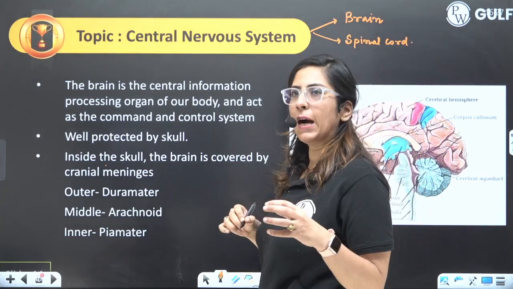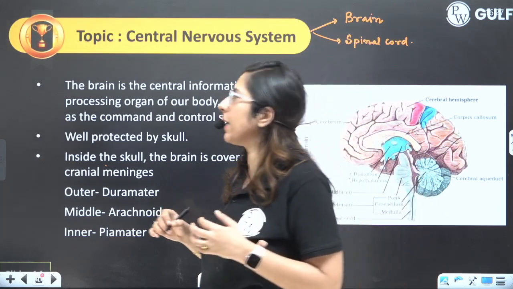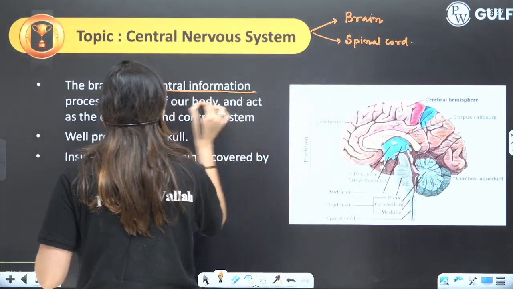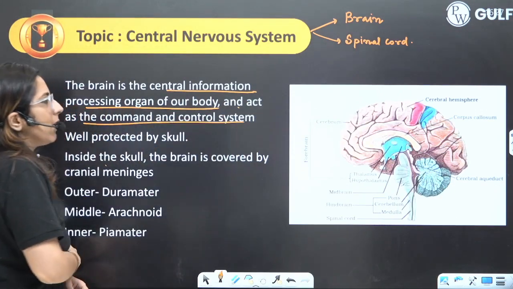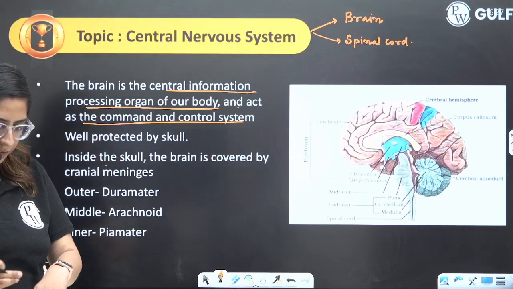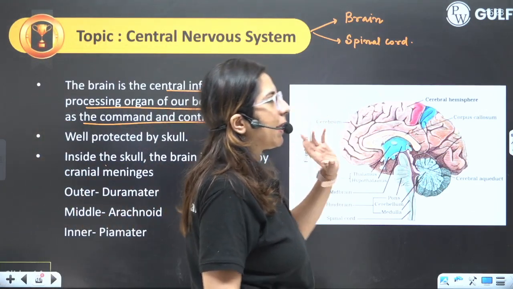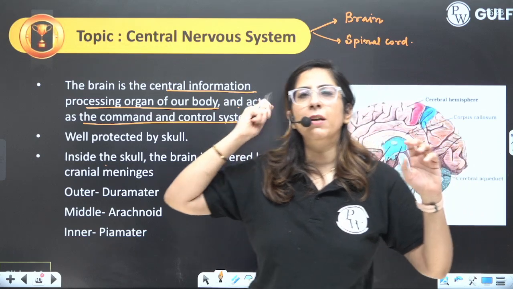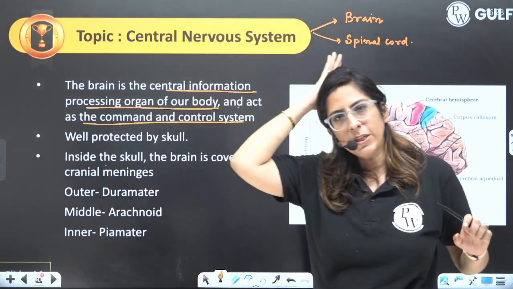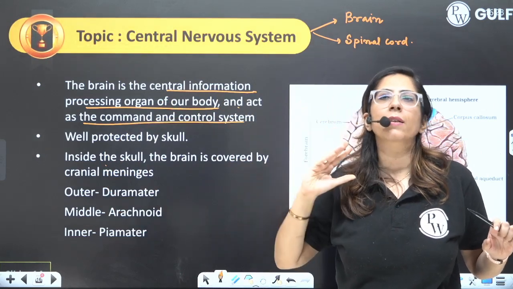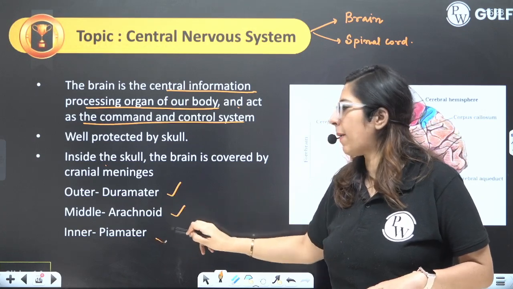So the brain part is the one which we will be discussing in detail. For example, the brain is the central information processing organ of our body and acts as the command and control system. It controls various activities of our body. Now, the brain is covered by different meninges. The outer cover is termed as the dura mater, then the arachnoid, and then the pia mater. Three different layers are present: dura mater, arachnoid, and pia mater.